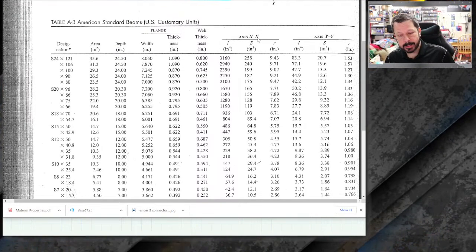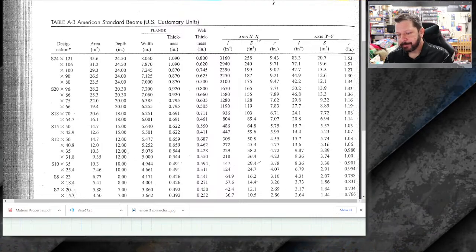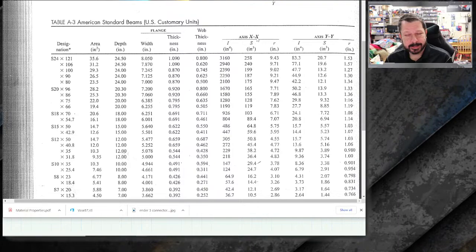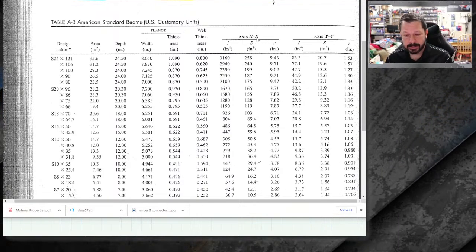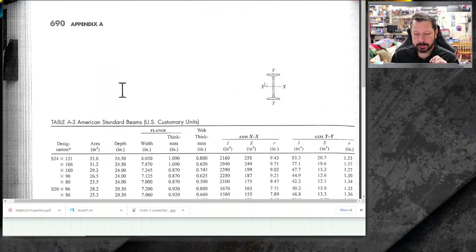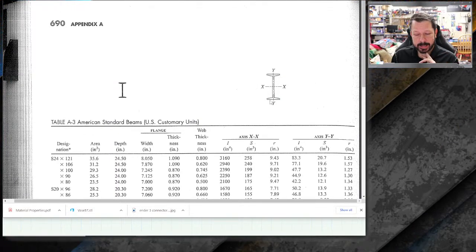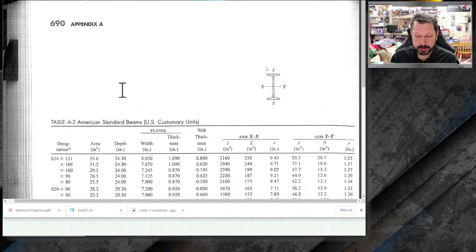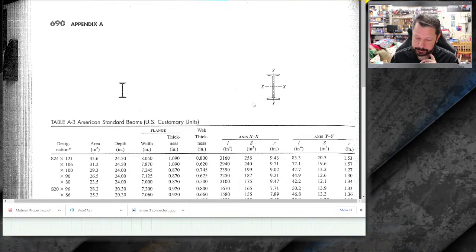And I do want XX. I didn't specify anything about the beam being loaded on its side or turned sideways or anything like that. So unless you have a picture that tells you that you're loading perpendicular to this y-axis, you're not going to use it. If you don't have any information, then you're assuming you're loading against the XX axis.